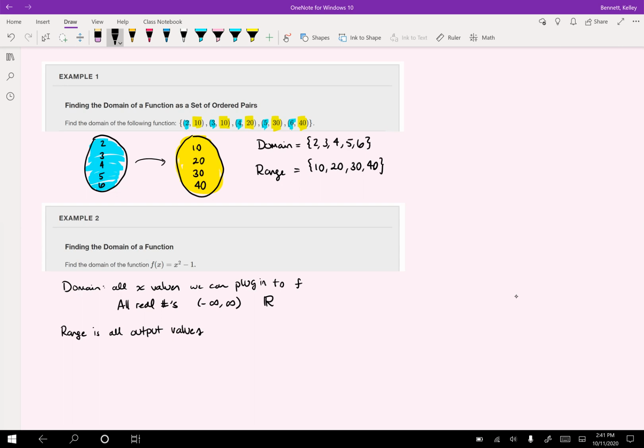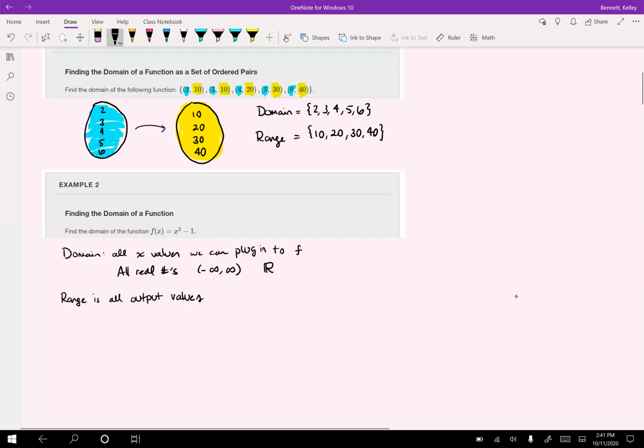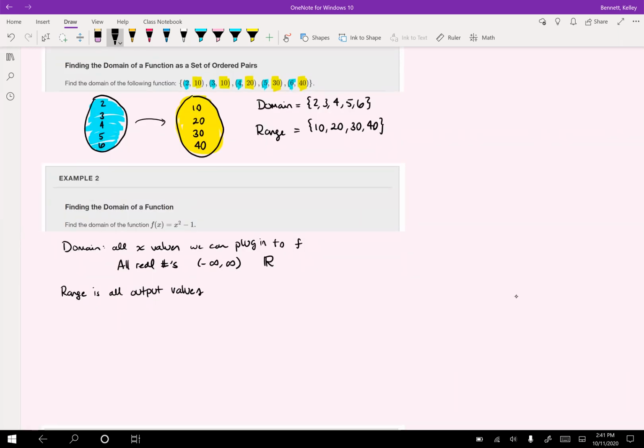The range is going to be a little bit different. So if we think about all the values that come out of this function x squared minus 1. So for example, is it possible to get negative 2? Well, let's think about that. If I had x squared minus 1 equals negative 2, I might try to solve this using the square root method. So I'll add 1 to each side.